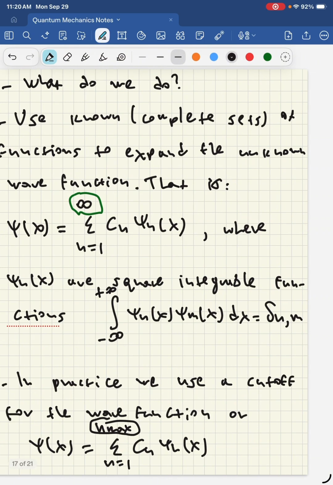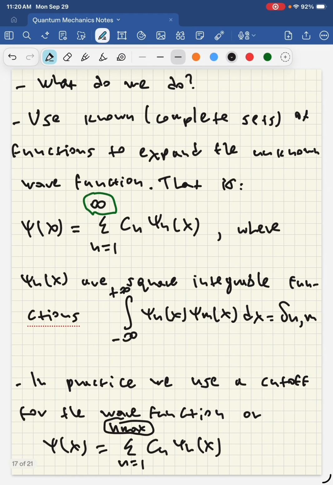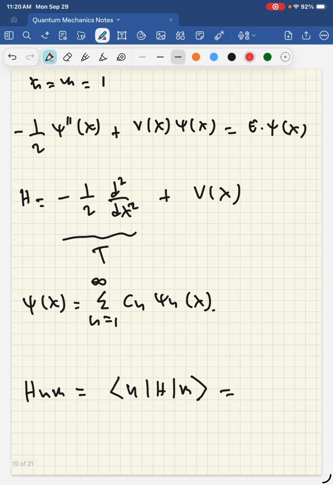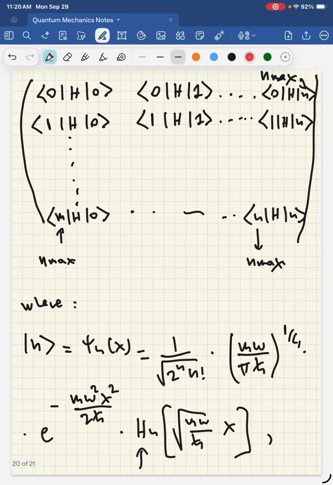So what we do is expand our wave function into this basis over here, which is equivalent to calculating the Hamiltonian matrix, which is equivalent to calculating all these matrix elements as they are called. And I still haven't told you what these matrix elements are. I will do that in a while. It's pretty much an integral.